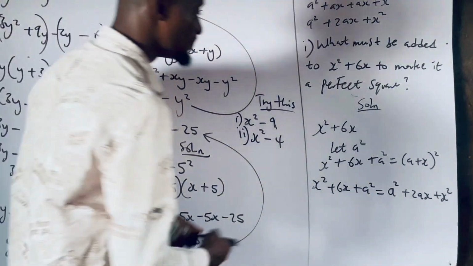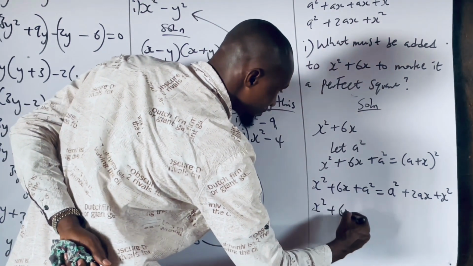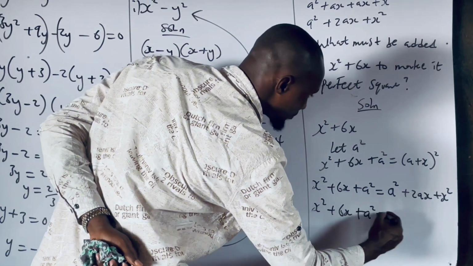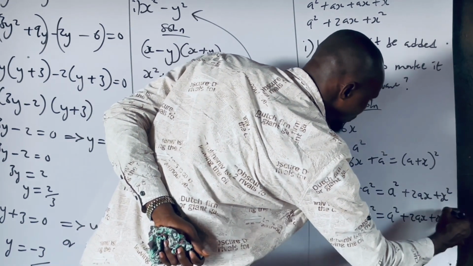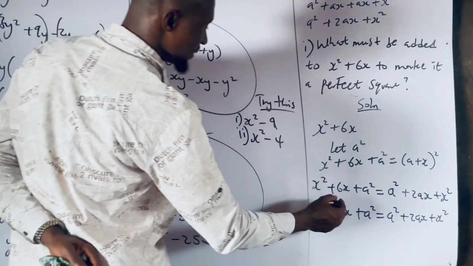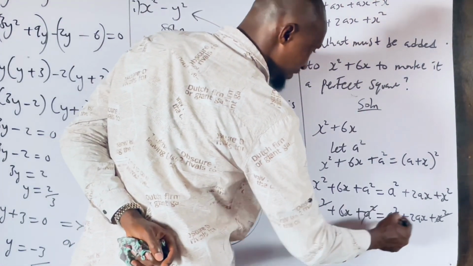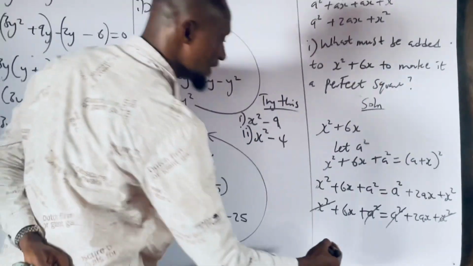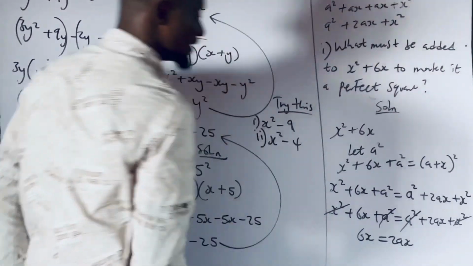Before I start cancelling some variables, a square plus 2ax plus x square. We have x square, this will cancel out. We have x square, this will cancel out. So what do we have left here? We have 6x equal to 2ax, right?